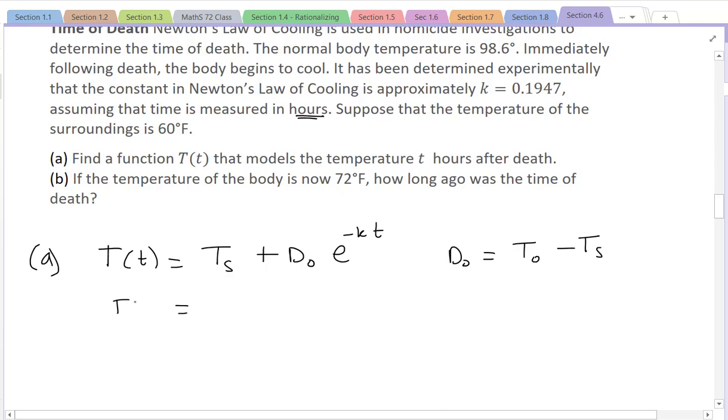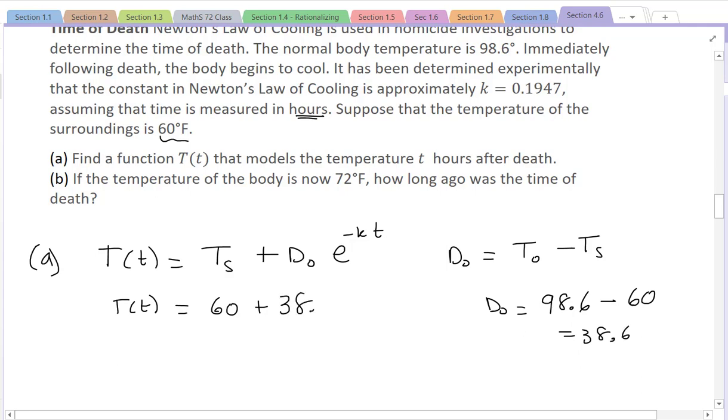We know the temperature of the surrounding environment is 60 degrees, so this is going to be 60 plus D naught. D naught, the temperature of a body, we know is 98.6 minus the temperature of the surrounding environment. So this will be 38.6.